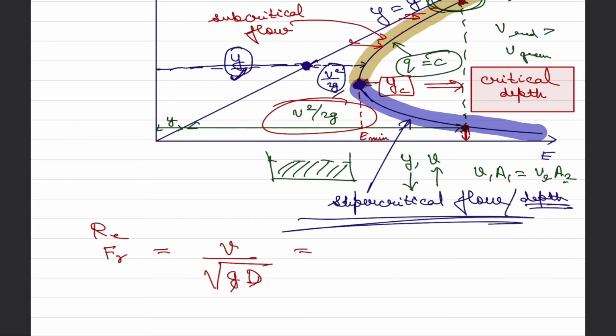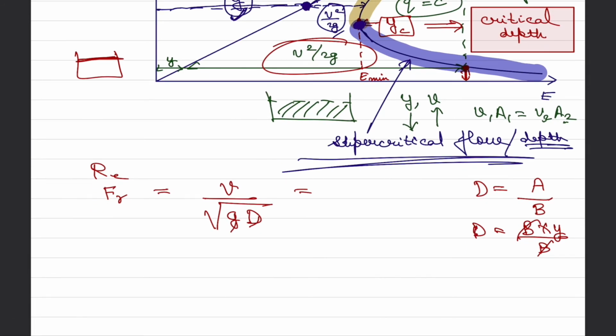In the case of a rectangular channel, the hydraulic depth is equal to the cross-sectional area divided by the width of the top of the cross section, so we can write this area as by divided by b.